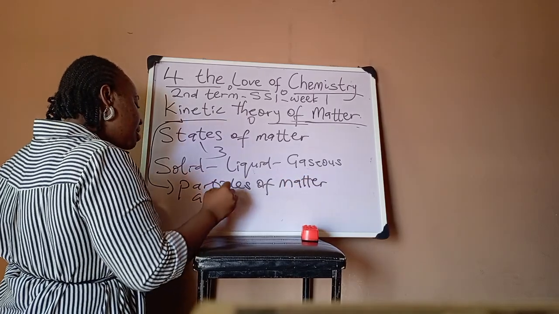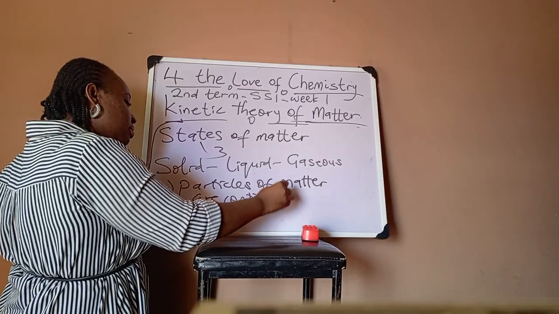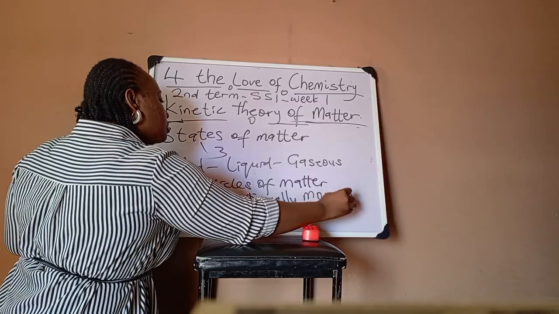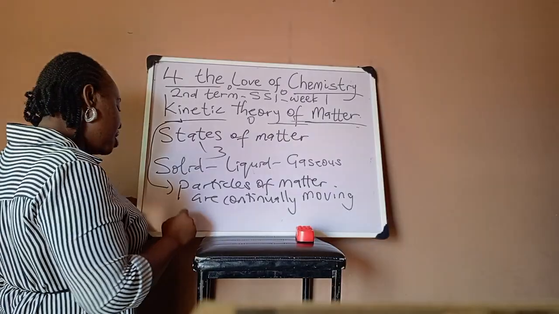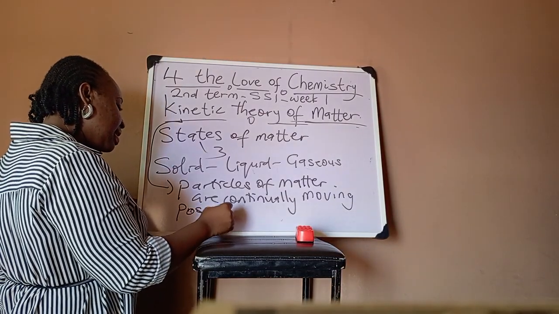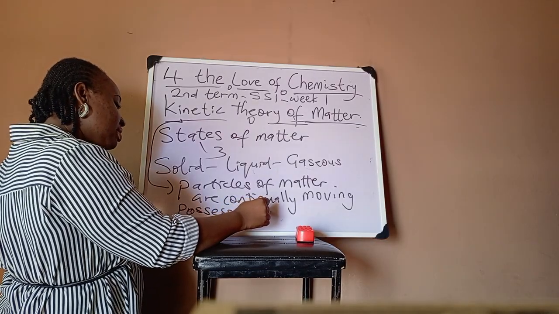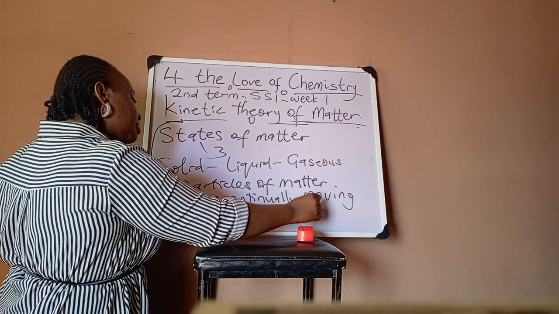So the kinetic theory of matter states that the particles of matter are continually moving. And because they are continually moving, they possess kinetic energy. That is all we are talking about in the kinetic theory of matter.